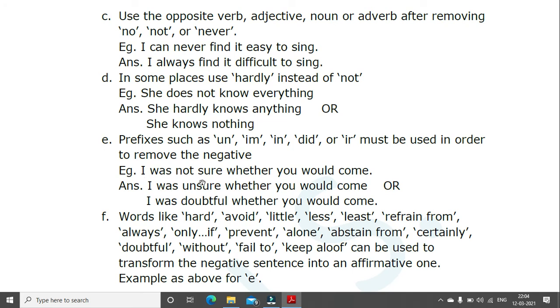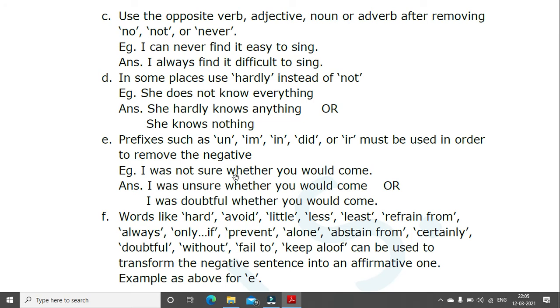I was not sure whether you would come. So if you're not sure, you have to remove this not, remember. So how do you remove it? You can make sure into another word, a negative word. What is the negative word of sure? Unsure. Yes, I was unsure whether you would come.